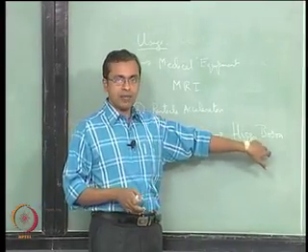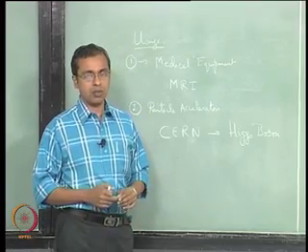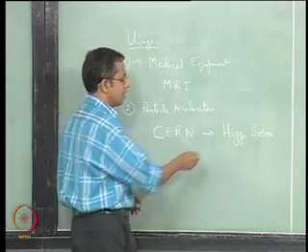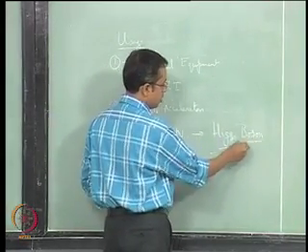The expectation is that if you have high enough energy, you are likely to see this boson, and it is interesting to see that this particle which they are searching for is a boson.